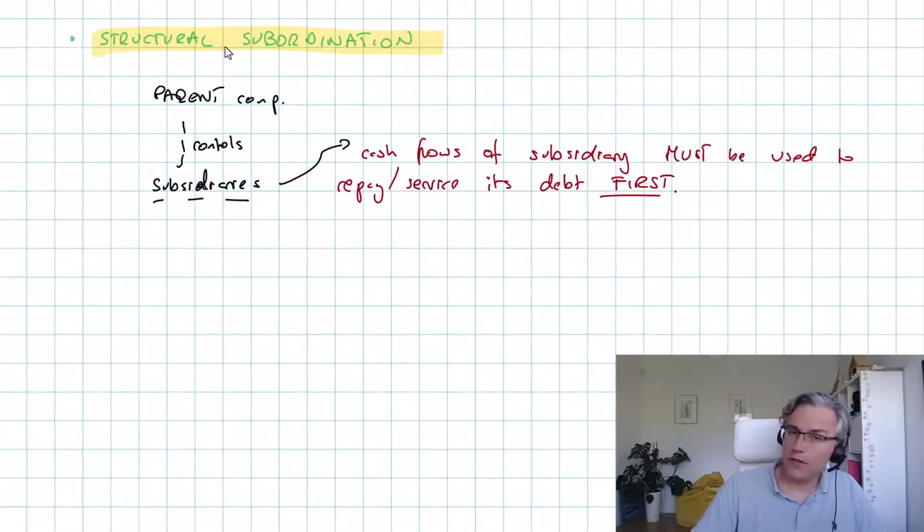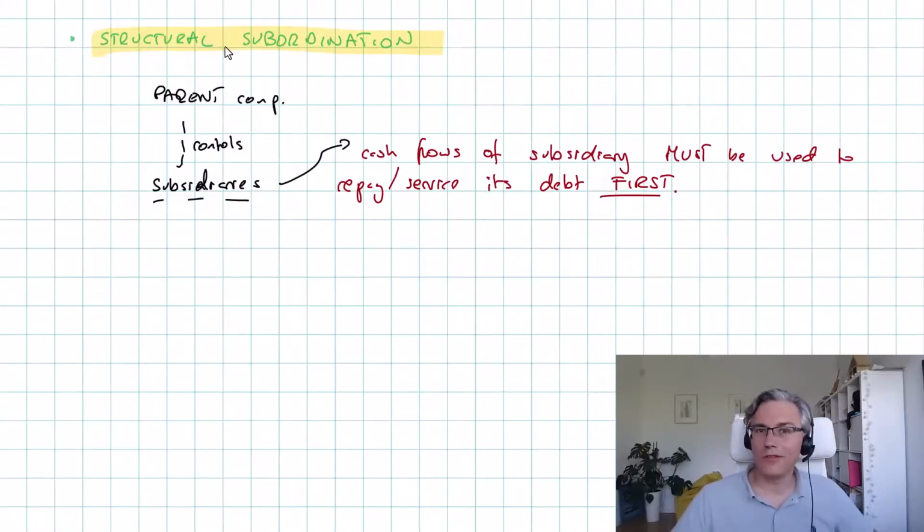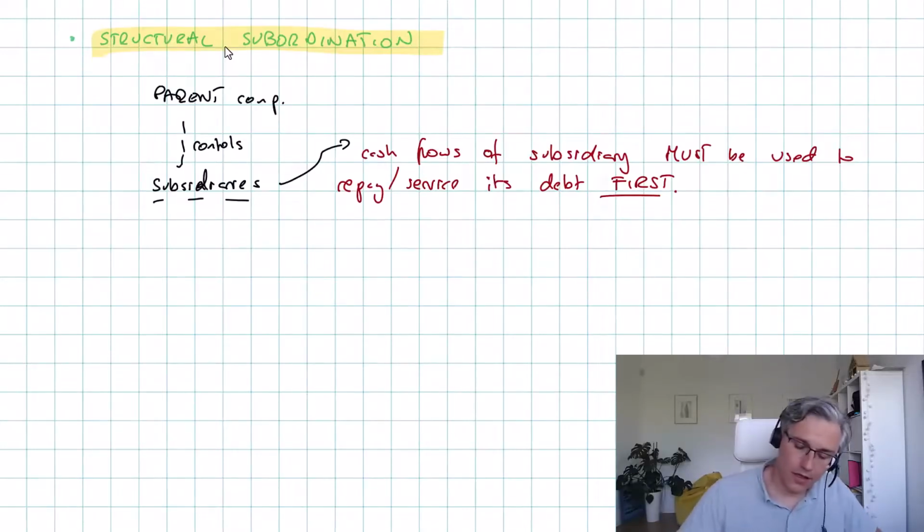So if a subsidiary has debt outstanding, the cash that it generates must be used to service its own debt first, and only then can the remaining cash be passed on to the parent via some sort of scheme, so that the parent has adequate cash flow to pay off its debt.